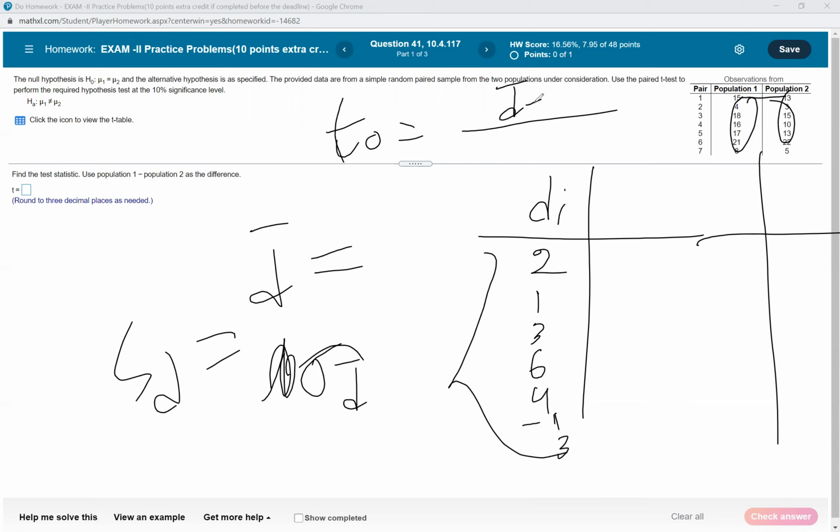In this case, the hypothesized value is 0, so we do not need anything else. Then SD, the standard deviation, over the square root of the sample size. What is the sample size here? It is 7. So this is the test statistic. We can just look at an example here.